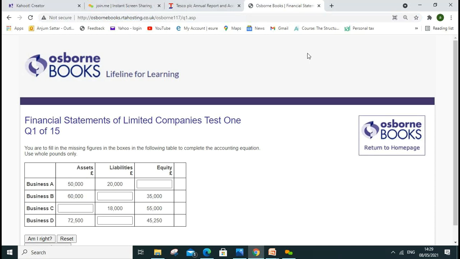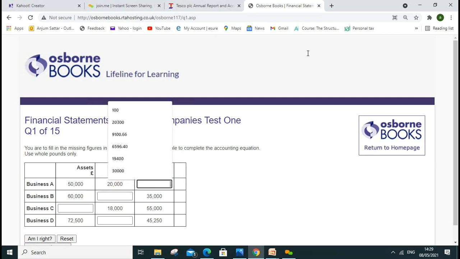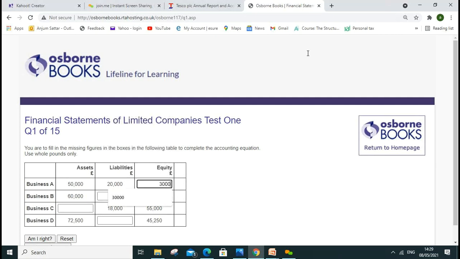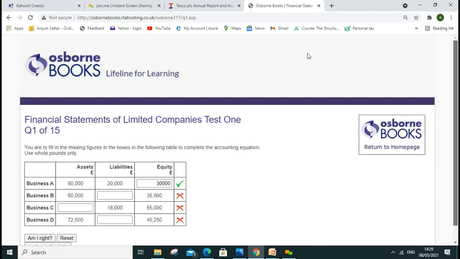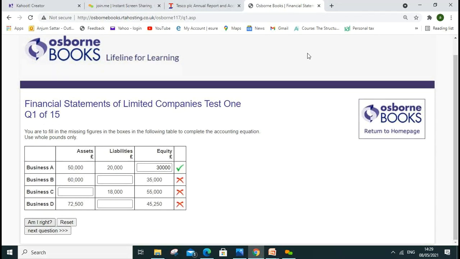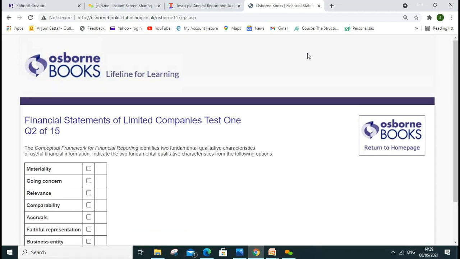Anyone knows? 50,000 assets, 20,000 liabilities, what will be the equity figure then? Business A, 30,000? So you can write 30,000 there, and in the same way you can fill in all the others and then carry on to the next question. If you don't know, at the end it will show you the answers, and you can review as well.